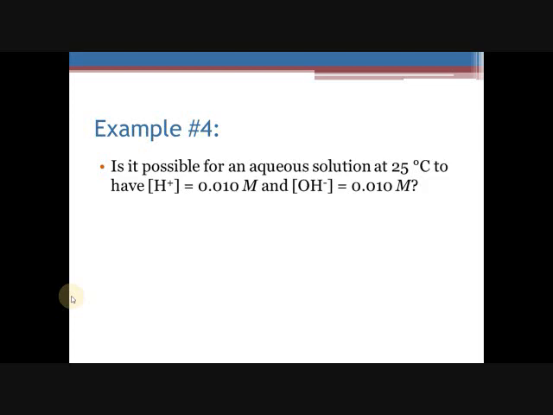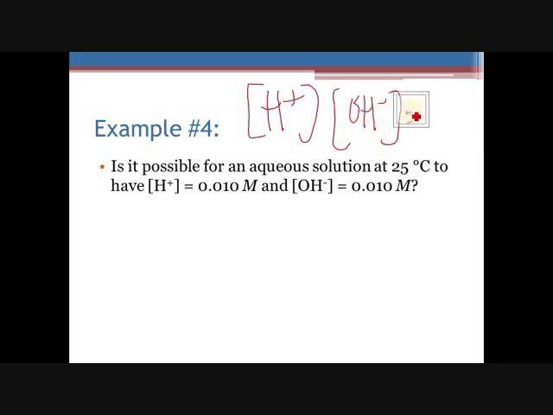Well, we're going to do this with our equation: the H plus times the OH minus is equal to our Kw, which is 1.0 times 10 to the negative 14. If I multiply these two numbers together and it equals 1 times 10 to the negative 14, then yes, it is possible. If we multiply them together and it's not that, then no, it's not possible.